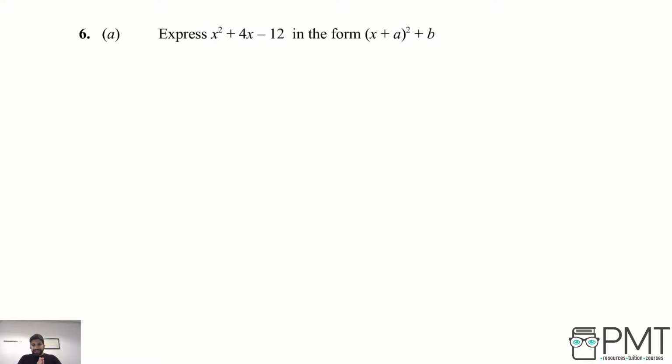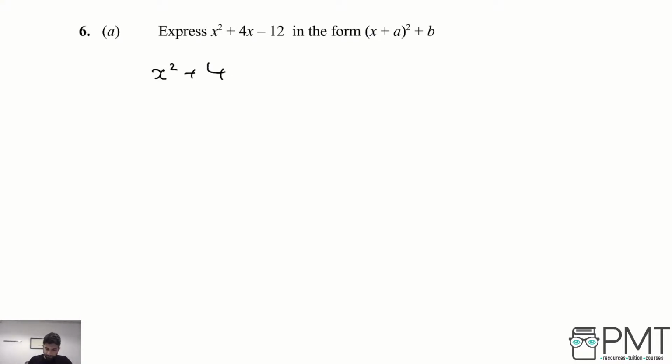Question 6a starts with the same completing the square. It introduces you to the next part of the question. So let's do that. Let me know what a and b values you have. If you get them, x squared plus 4x minus 12.